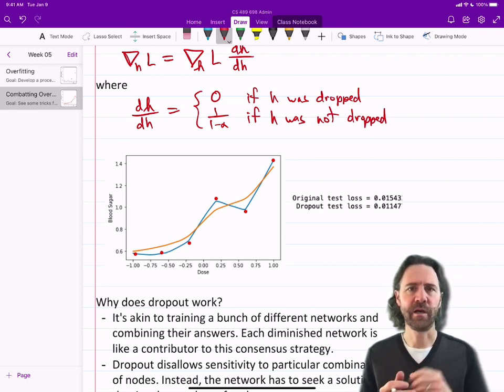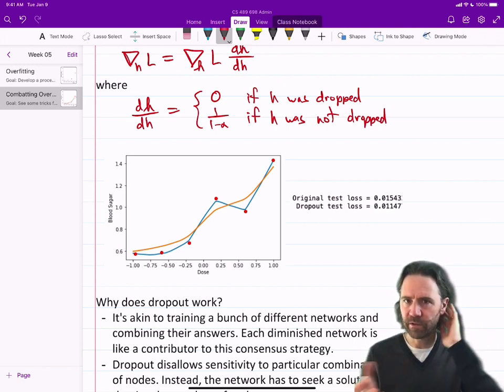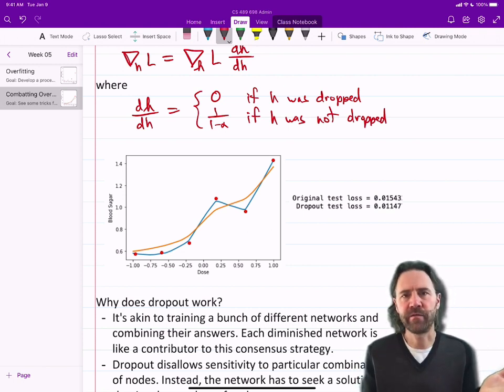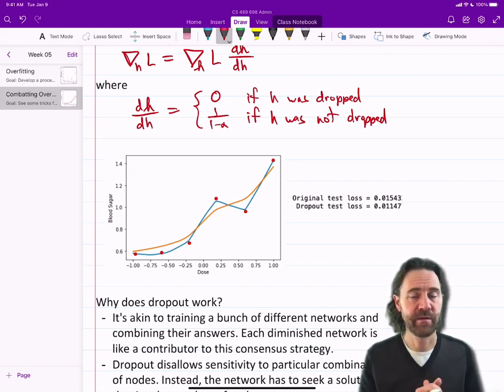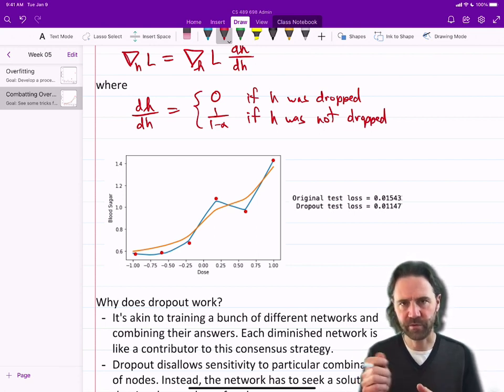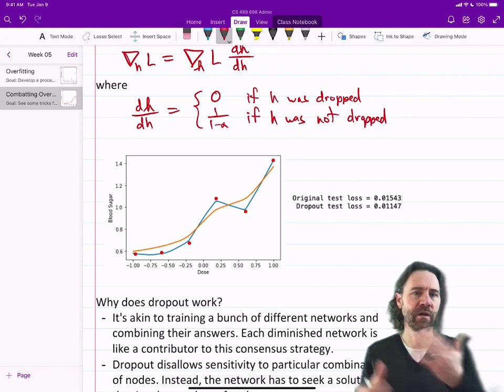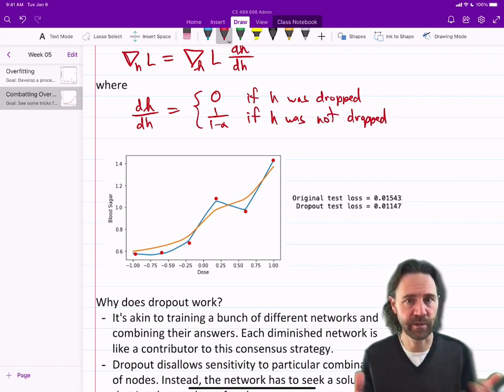I had to adjust the learning rate in order to keep it stable. Because if I'm using a dropout rate of 90%, this 1 over 1 minus alpha becomes 10, right? So you have to make sure your learning rates aren't going to combine with that factor of 10 and destabilize things.